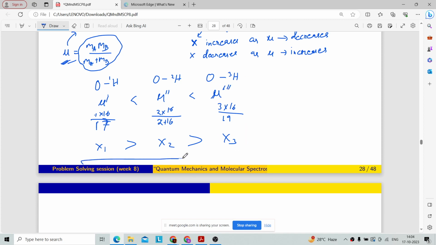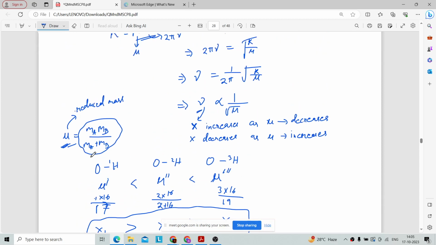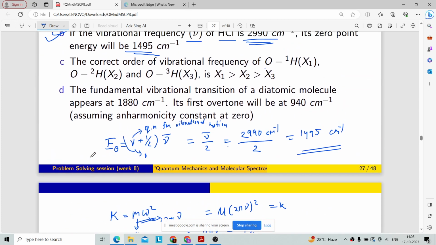So this will be the relation, right? Are you getting it? Okay, let's check. Yeah, we have this relation. For these isomers, the relation of the frequencies will be this. So C is correct.